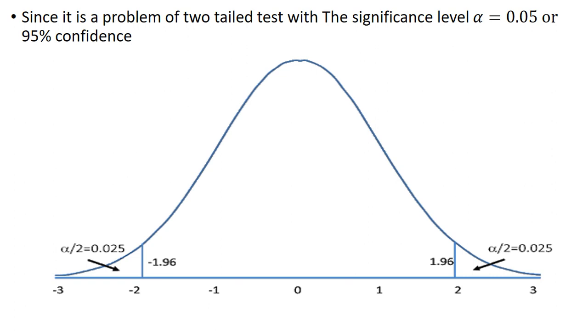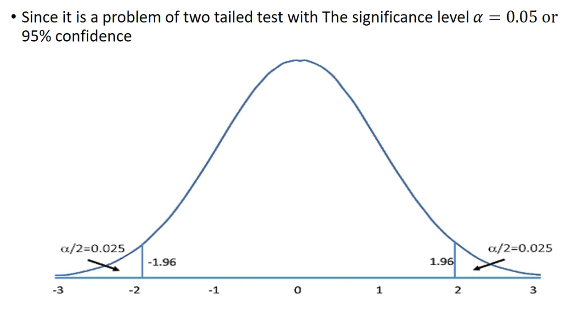From the normal distribution, we know that from minus 1.96 to plus 1.96, the area covered is 95%. So the rest of the area will be 5%. That is what we need.